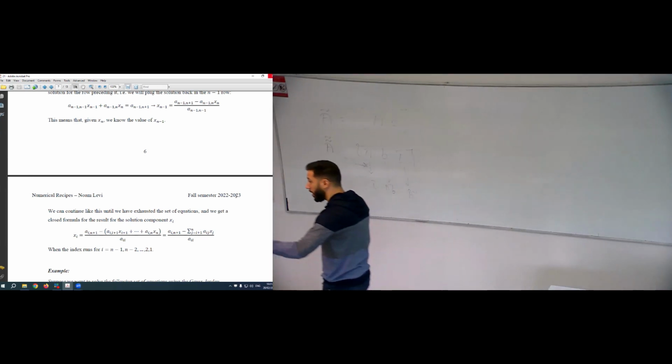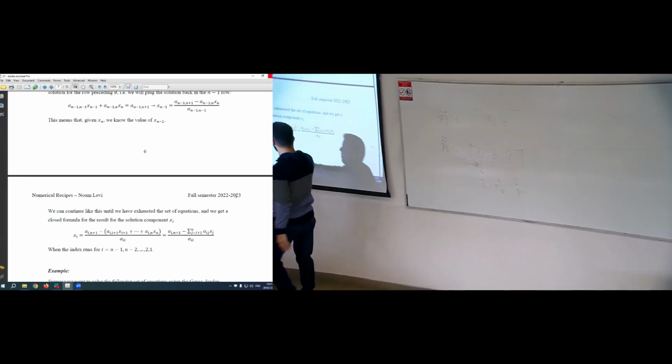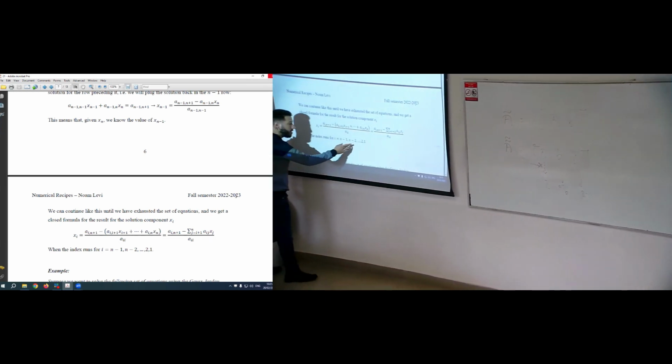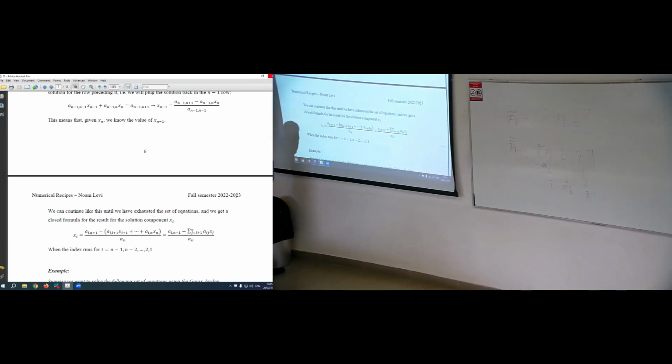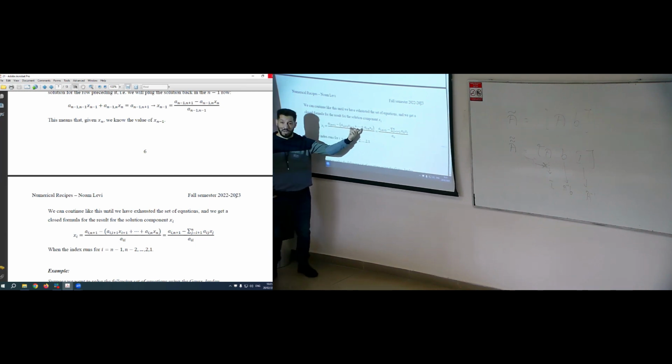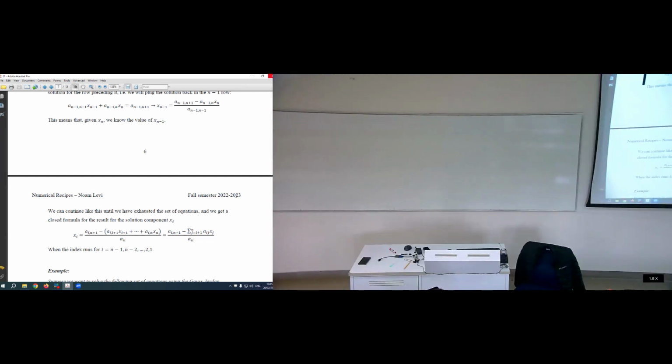And after that, for each i, starting from n minus 1, then n minus 2, until 1, x_i is the constant term at the end of the augmented matrix, a_{i,n+1}, minus the linear combination to the right of it, divided by the diagonal coefficient corresponding to it.